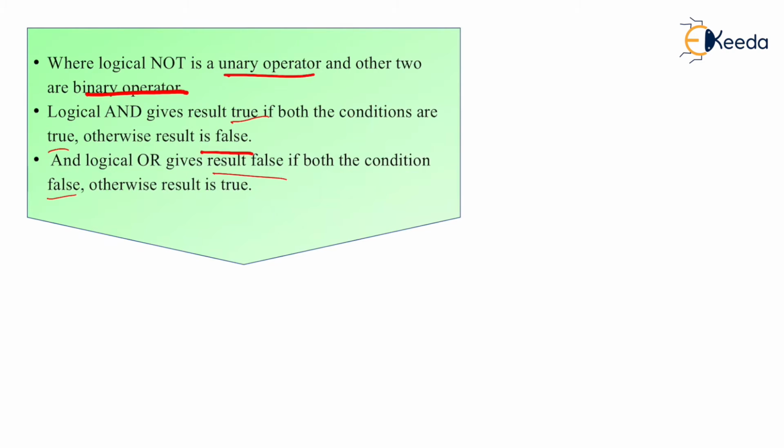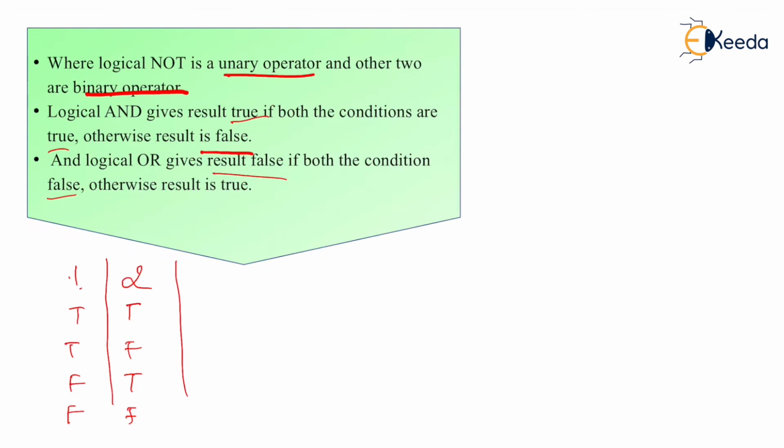So I'll show you in the table. Consider the first input and the second input. So the first row is true, true, then true, false, then false, true, and the last is false, false.